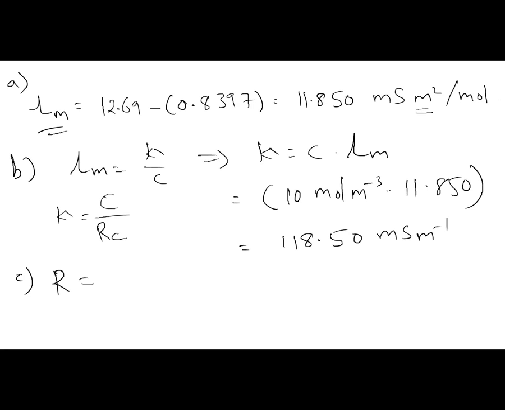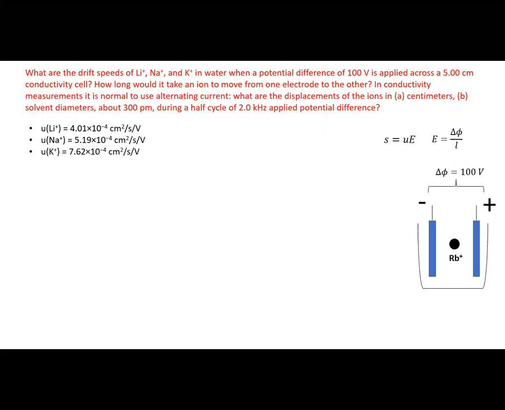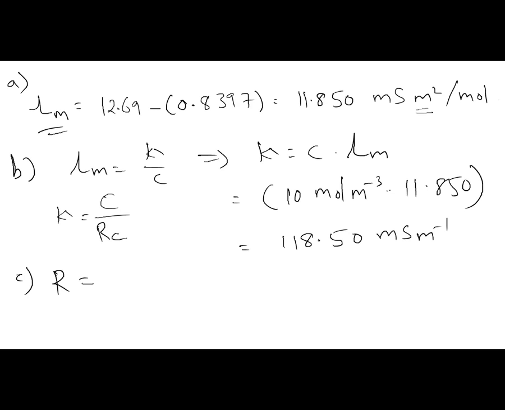We need to find R. I'm sorry, this is not copper. This is the molar conductivity. So we know this value. So now R can be written as C over C lambda, or nothing but C over kappa.